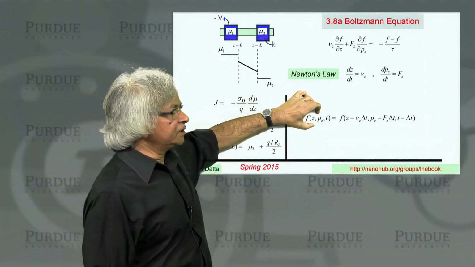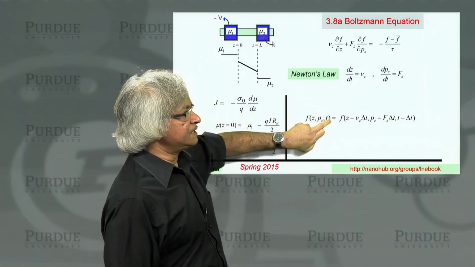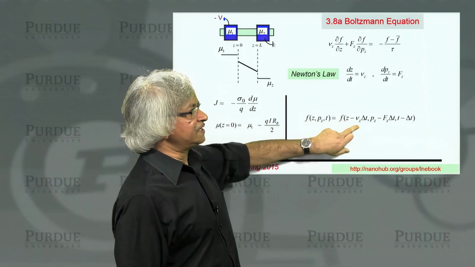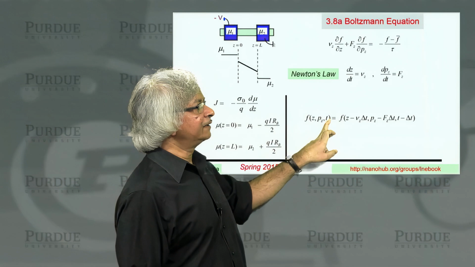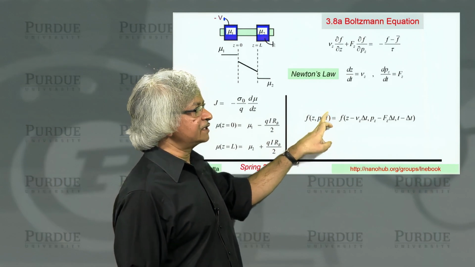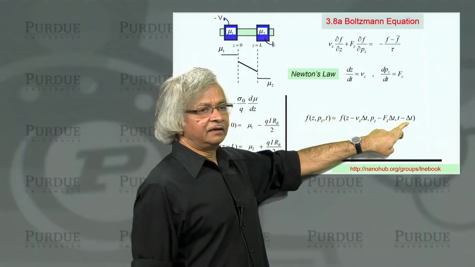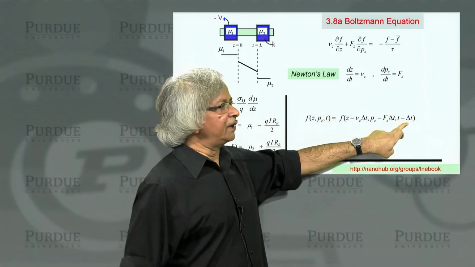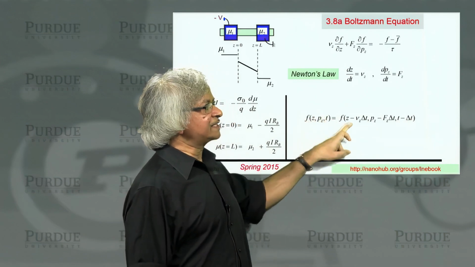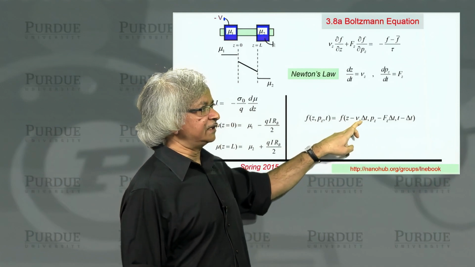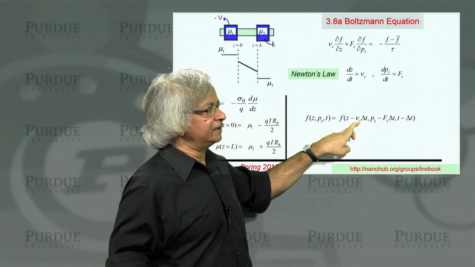The argument you can make is that this f(z, pz, t) should be the same as what I have written here. Because if you look at the number of electrons at time t and try to relate it to what it looked like at time delta t ago, anybody at the location z must have been at z minus vz delta t, because in time delta t, the electron moved by that distance.